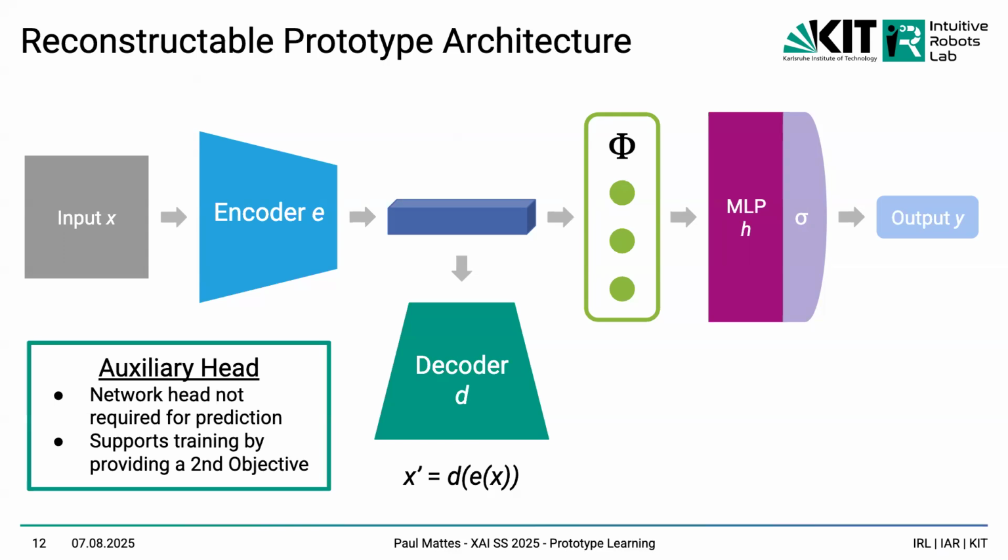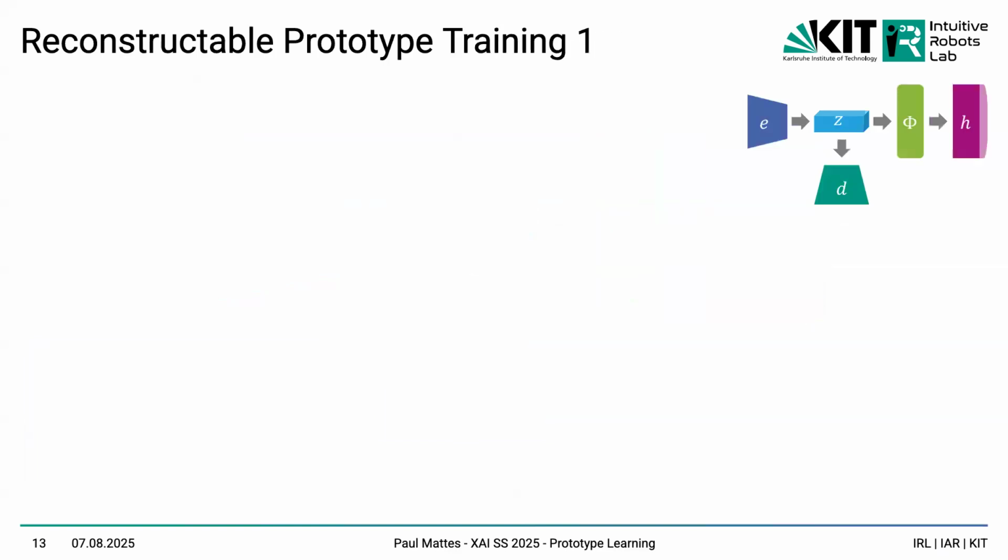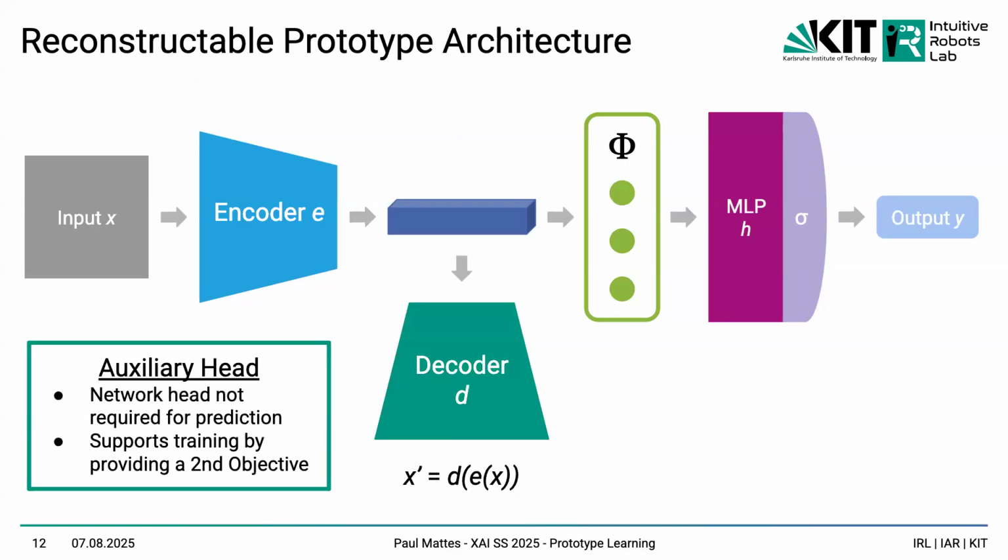So it's an auxiliary head, and it's just a second objective for our task. Maybe to remind you, the first objective is, of course, to output the correct y, right? If our model doesn't predict the correct y, it's useless. Then the prototype learning also doesn't matter, because if it doesn't predict something correct, then the prototypes also don't make sense.